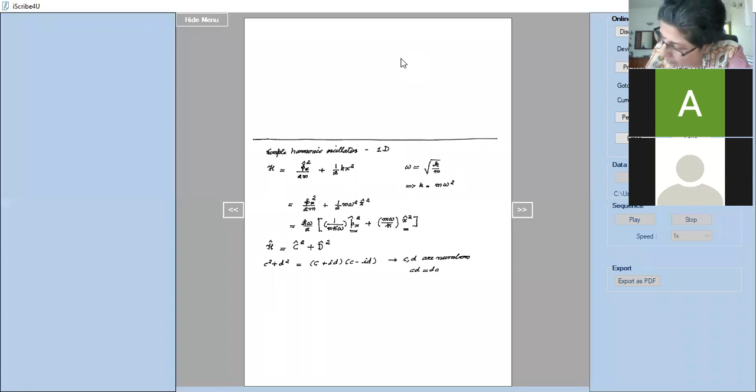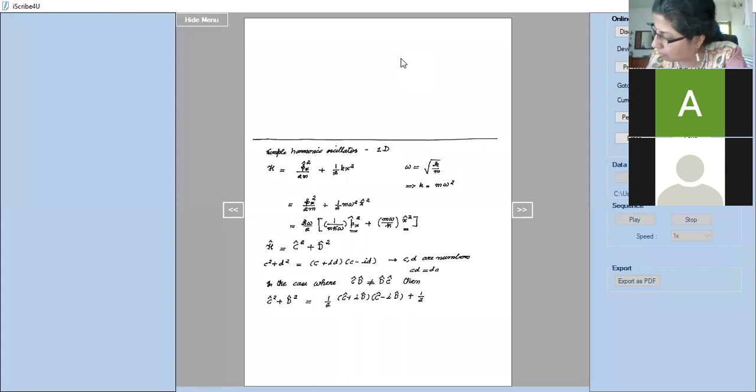So in the case where cd is not equal to dc, then what do you do? You have to write this c square plus d square as equal to half of c plus id into c minus id plus half of c minus id into c plus id, right? I've just put half with each one of them.